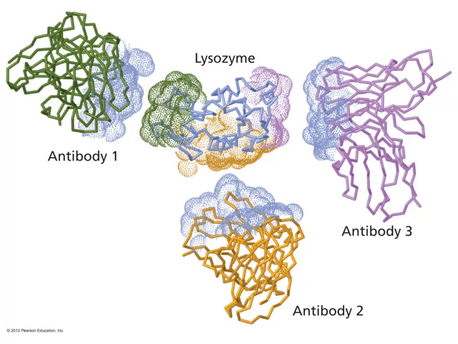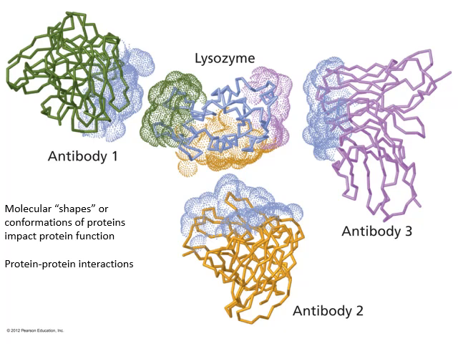Other examples of quaternary proteins are numerous. A handful of such examples are shown here: various antibodies or lysozyme, an important protein in immune system defense. So molecular shapes or conformations of proteins impact protein function. These quaternary structures can assemble via protein-protein interactions.